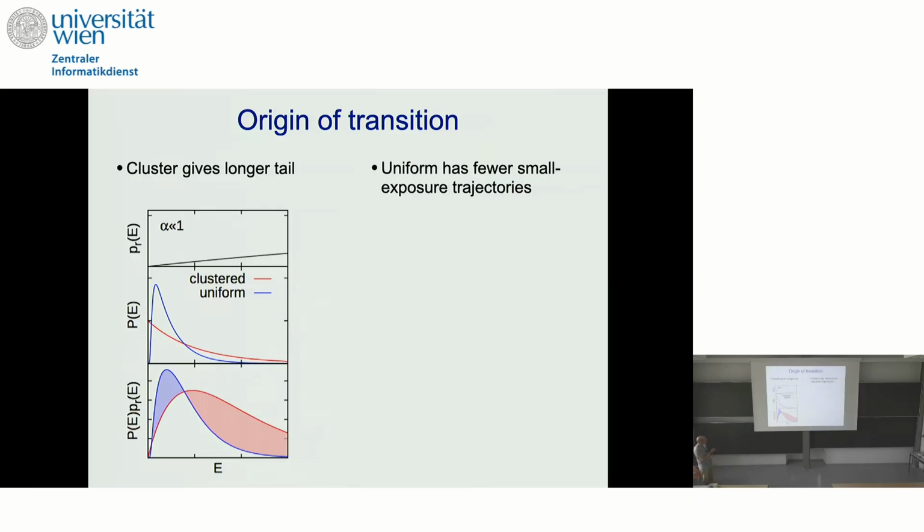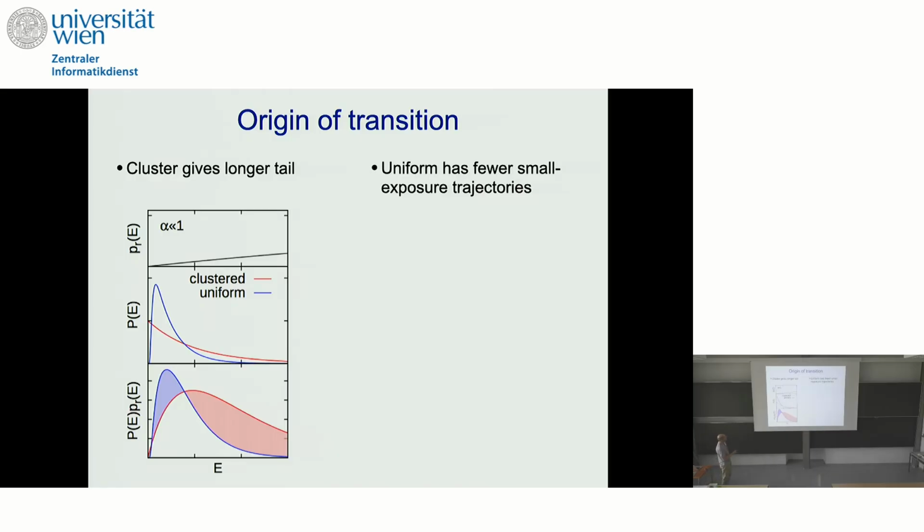So basically, we have a distribution of enzyme exposure for a cluster that has finite probability to have essentially no enzyme exposure. Those are these extreme trajectories which go directly to the right, directly escape from the source. We talked about that yesterday in a different talk. But then it has this long tail of high enzyme exposure. Whereas for a uniform distribution, it's impossible to not see any enzymes because enzymes are everywhere.